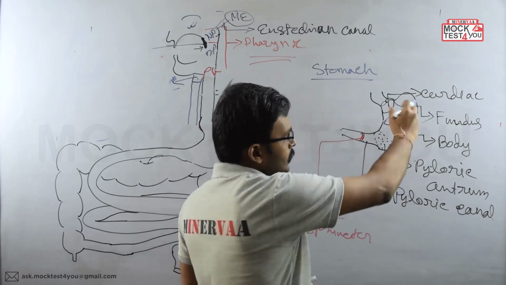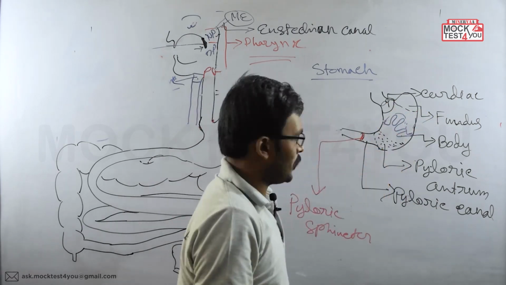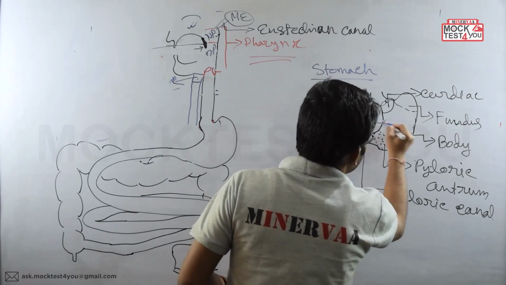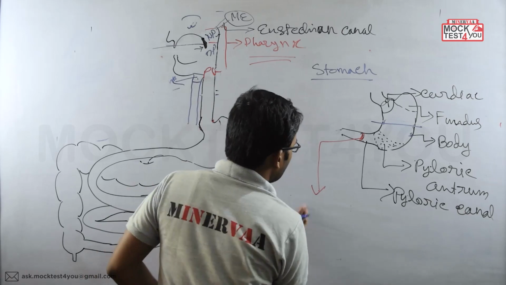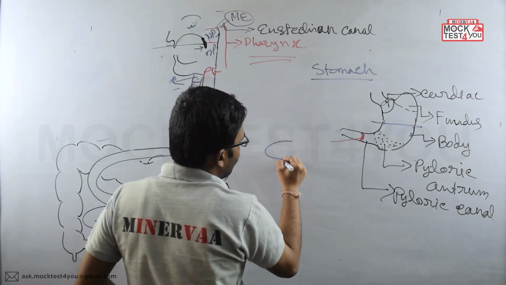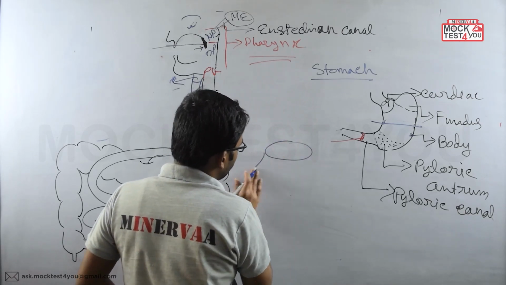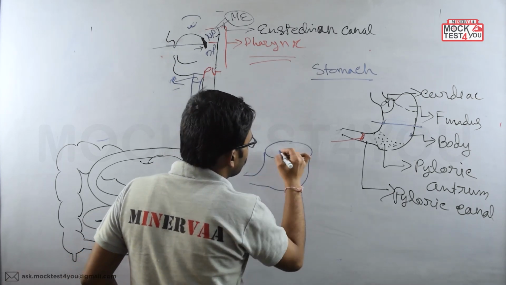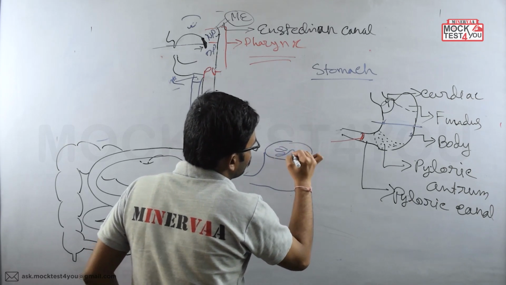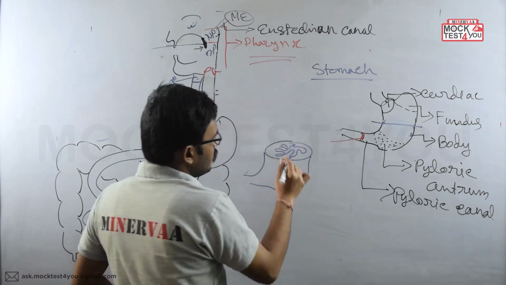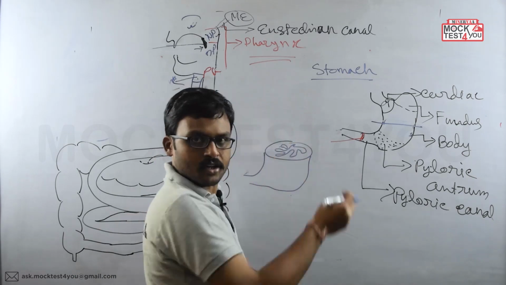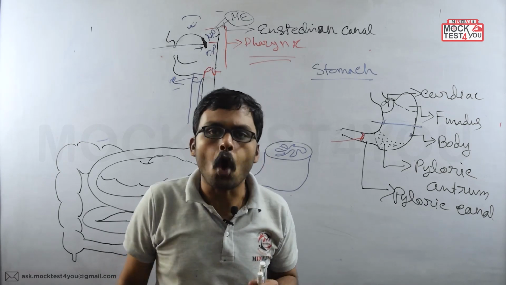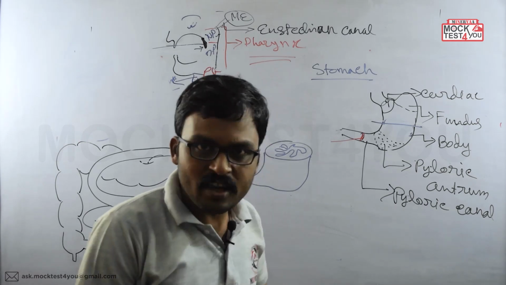Think I have cut this wall like this, and the wall of the stomach inside will be looking like this. So here the inner wall has been invaginated. Clear? And these invaginated structures are known as gastric rugae.